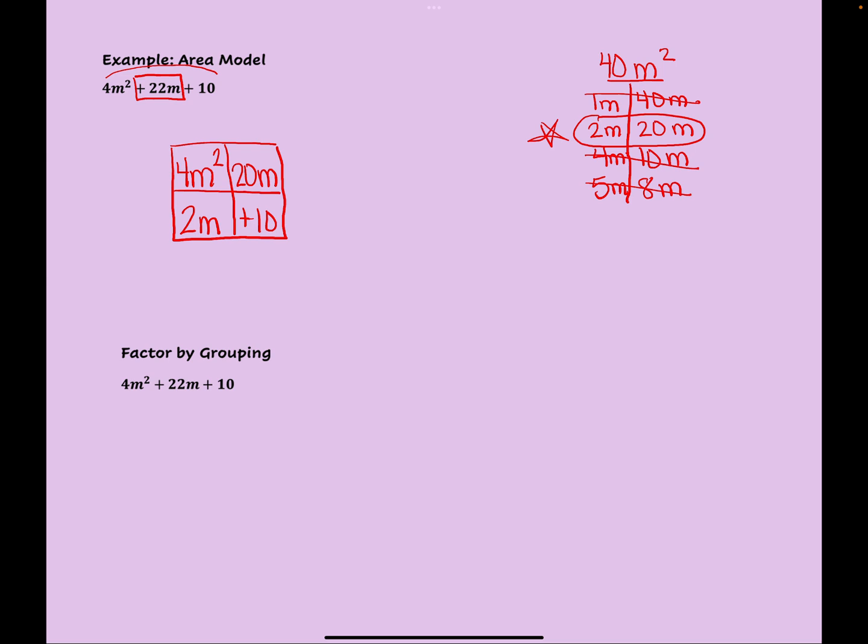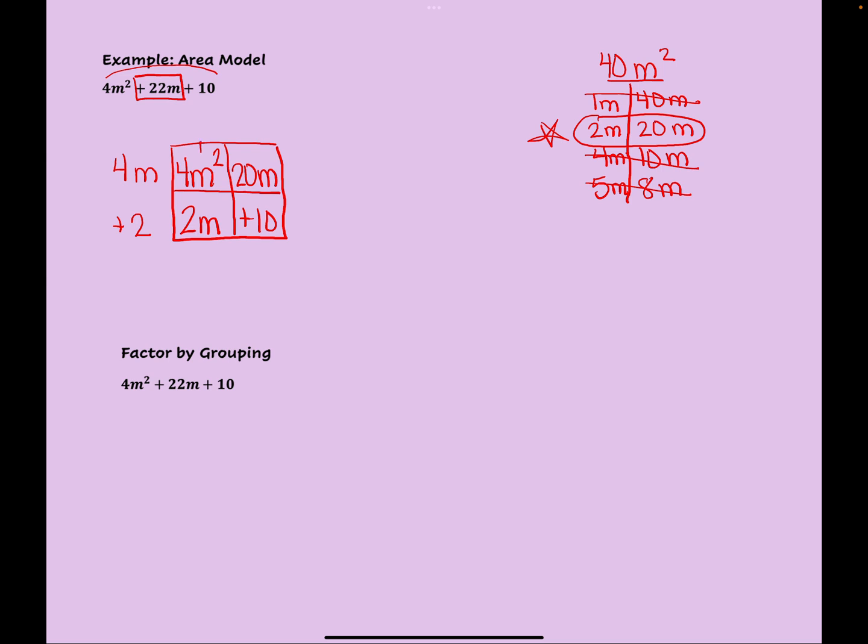So looking at the first row, 4m squared and 20m, what do they have in common? They can both be divided by 4, so that's part of their GCF. 4 is positive, so the 4 on the outside will be positive. And they both have m. There's the other part of my GCF. The bottom row, they're both divisible by 2. That's the only thing that I can divide them both by.